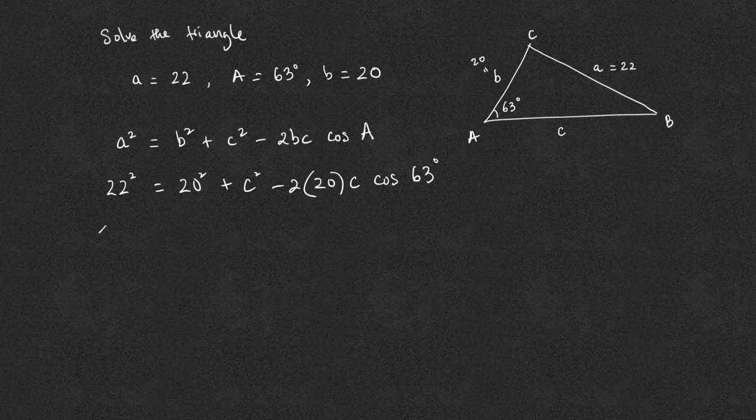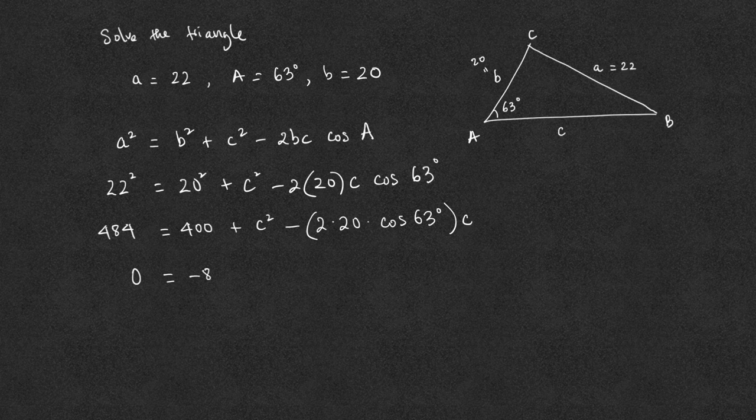22 squared is 484. 20 squared is 20 times 20, which is 400, plus c squared minus 2 times 20 times cosine of 63 degrees, and we still have the lowercase c being multiplied to this expression. We then zero this out. 0 equals, subtract 484 from both sides of the equation.